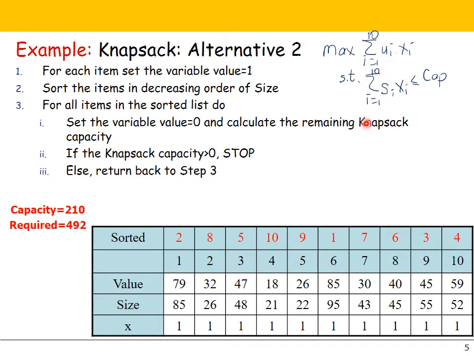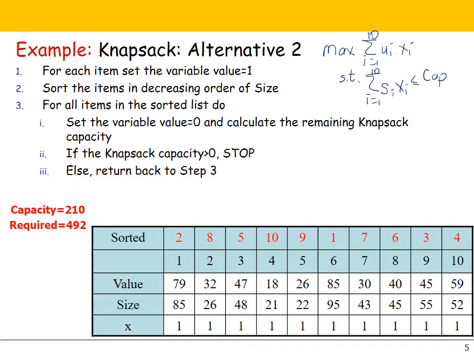Whenever this required capacity is less than the actual capacity that we have, we will stop. So it means that if the difference between capacity minus required is greater than 0, then we will stop. Otherwise, we will go back to step 3 and repeat these steps.